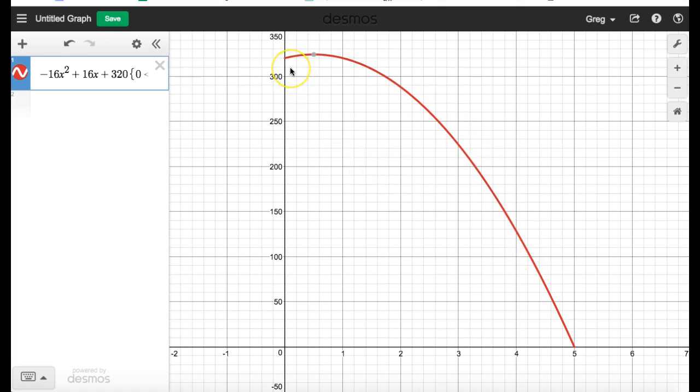This is his position in the air with respect to time. Okay, so we know initially he's at 320 feet, right? And then Darth Vader actually throws him up a little bit. Okay, he goes up just a little bit and then comes down to the ground. So let's take a look at these questions to analyze this function.